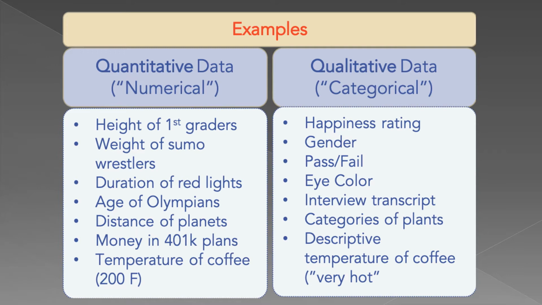And under qualitative data or categorical data, we have happiness rating, gender, pass or fail, eye color, interview transcript, categories of plants, and descriptive temperature of coffee, either it's very hot, hot, or not hot.